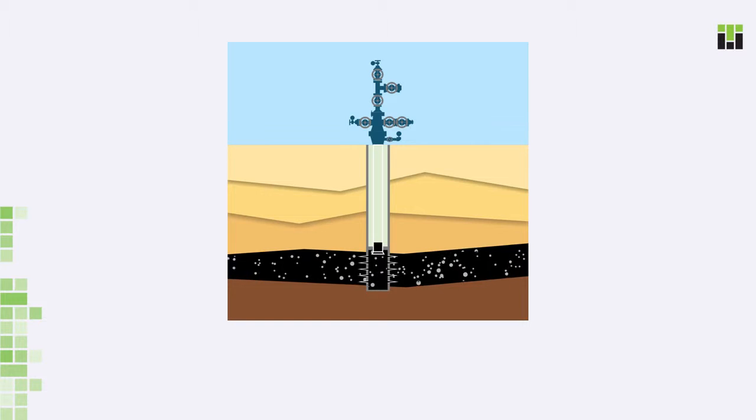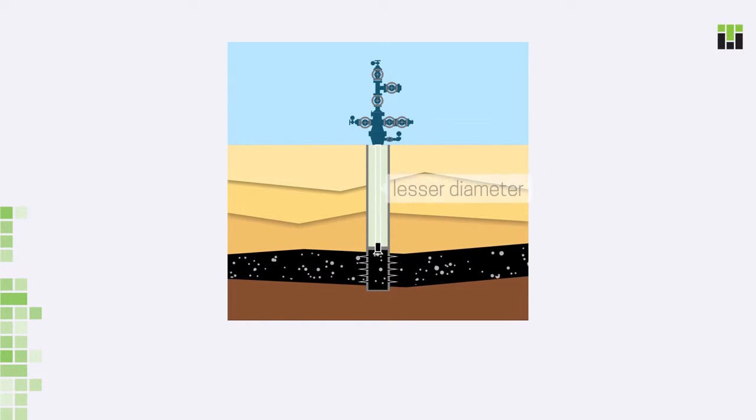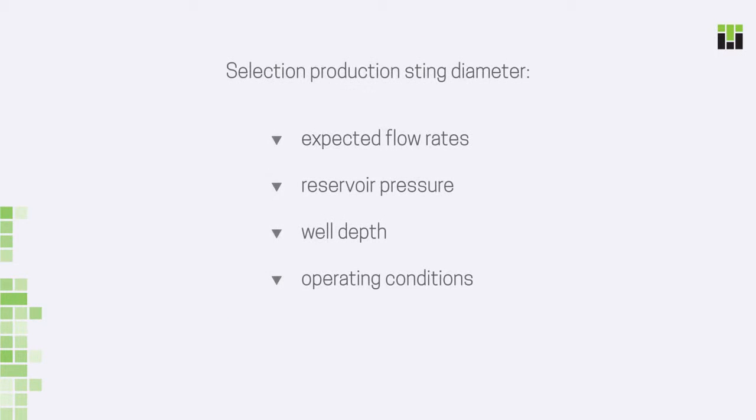There are wells that do not flow at all, although reservoir pressure is high. We can initiate free flow in such wells by installing a lesser diameter production string. Engineers select production string diameter empirically based on expected flow rates, reservoir pressure, well depth, and operating conditions.